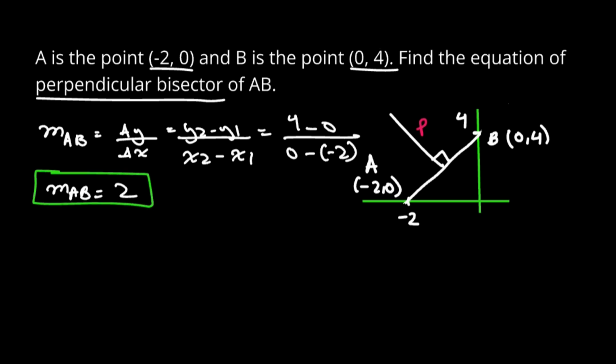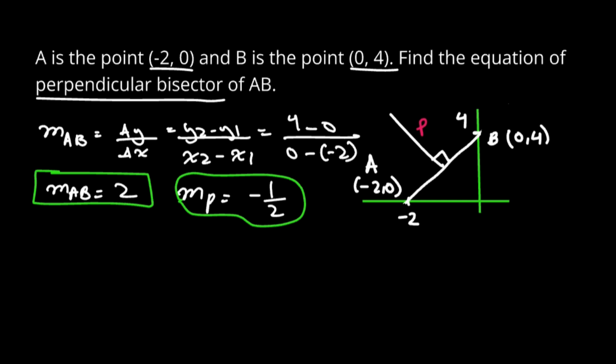Now as you have learned, the gradients of perpendicular lines are negative reciprocals of each other. So if the gradient of line segment AB equals 2, then the gradient of P equals the negative reciprocal of 2, that is negative 1 over 2.